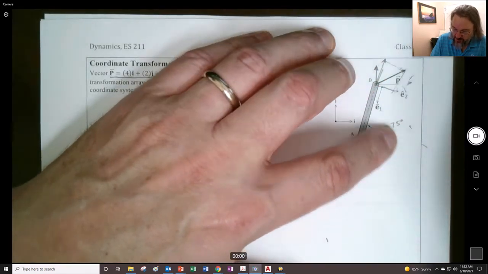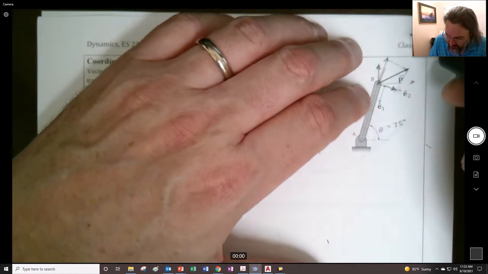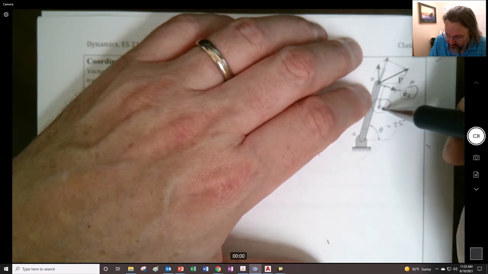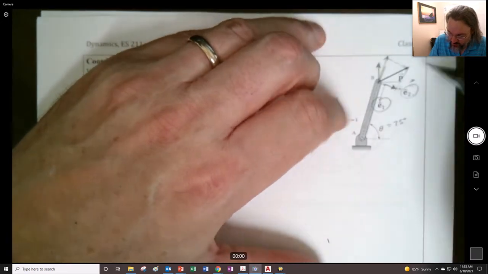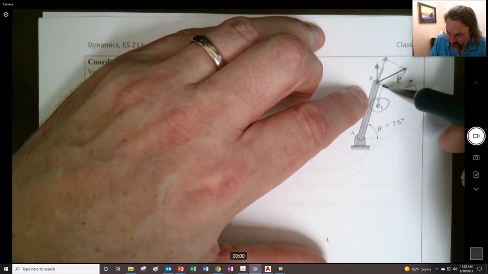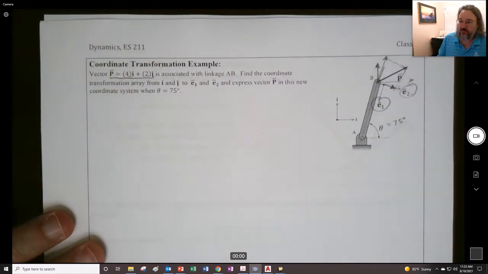Let me draw the arrows a little bit better there. We want instead to have arrows that show us what's going on in this new coordinate system that we're calling E1 and E2, which in essence are going to be tangent right here, but also this is normal, because it's going towards the center of the piece.